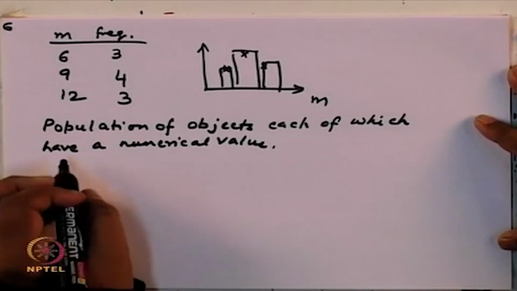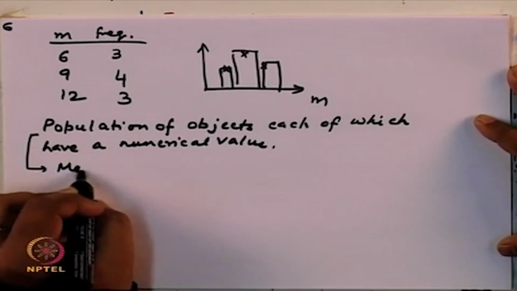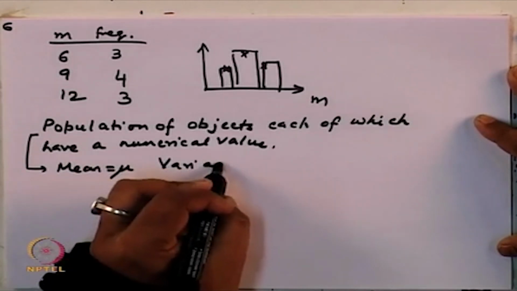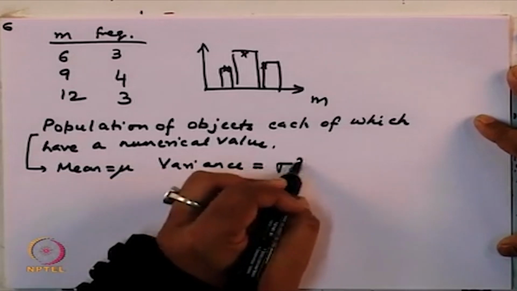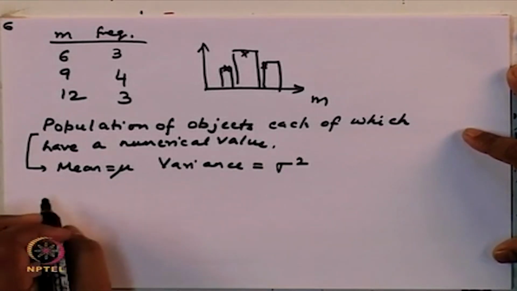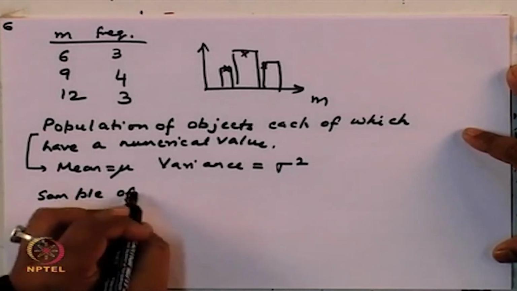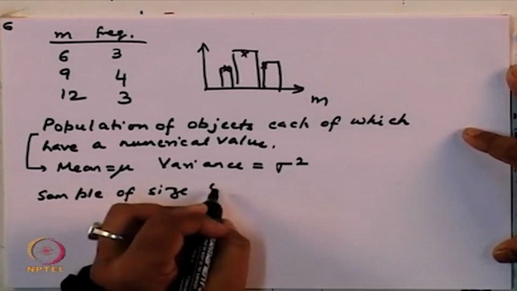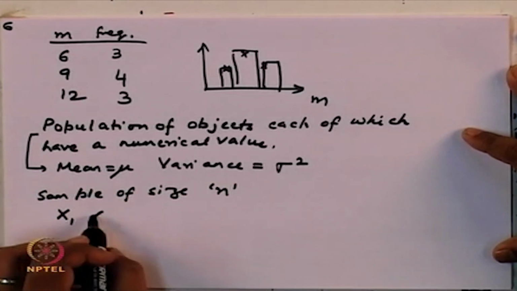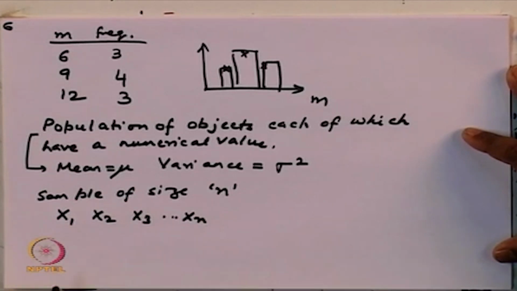For the population you have a mean equal to mu and a variance equal to sigma square. Now, let us say from this population you draw a sample of size small n, and you label these numbers as x1, x2, x3, up to xn.